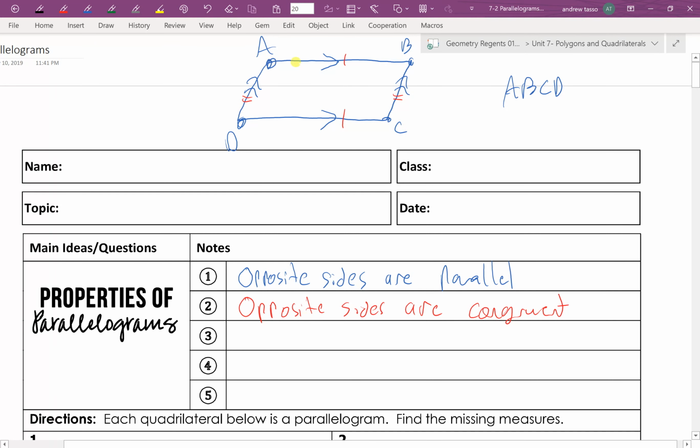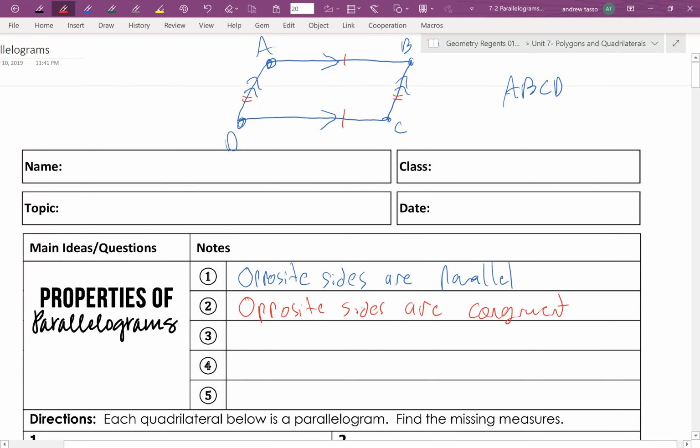Now I want to say something about the angles inside of this shape, right? So in the first lesson of this chapter, we spoke about the interior angles of a polygon, right? So we know that the sum of the interior angles of a polygon is 360, so that's useful. But in this context, we can say even more about what each angle measures.